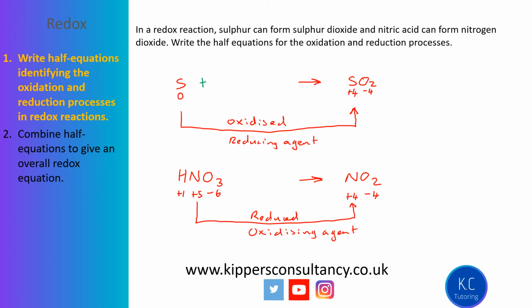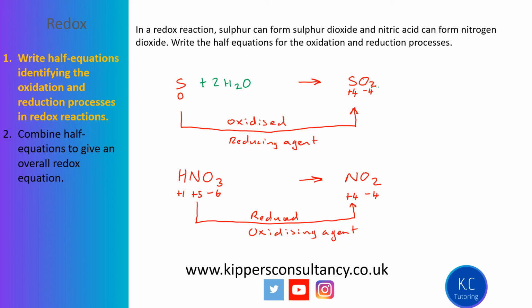So I need to add 2 molecules of water, and the reason I need to add 2 molecules of water is because I have 2 oxygens here. Now you can see that I've got 2 oxygens on the left-hand side, and 2 oxygens on the right-hand side.